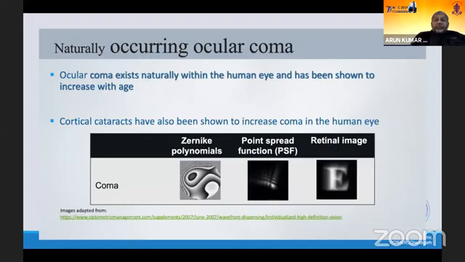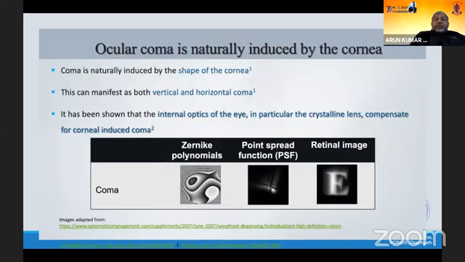It has also been shown that with an increasing amount of cataract, the degree of coma in the eye increases. This naturally occurring coma in the eye is because of the shape of the cornea. It also has a vertical and a horizontal component. And it has been shown that the internal optics of the crystalline lens compensate for corneal induced coma.